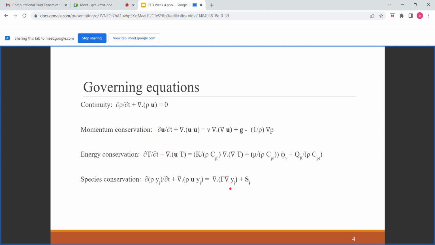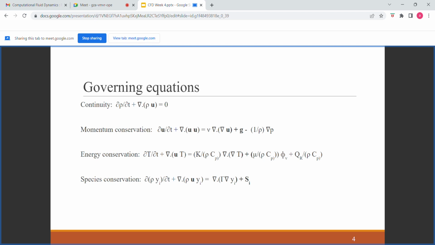So we need to know the species fractions in this system to get the species conservation. Then only we can use these equations in CFD to solve this, where S_i is the rate of formation of any species, and this term comes from the mass flux equation or mass conservation equation.